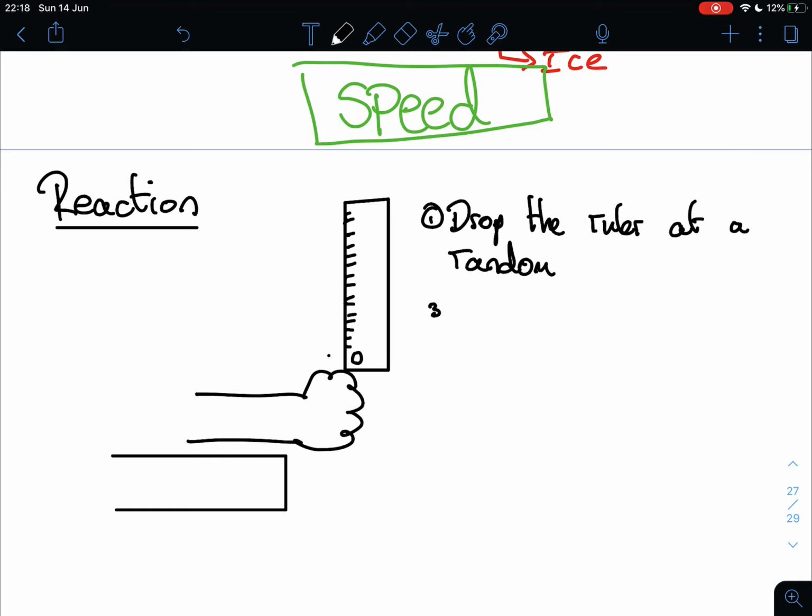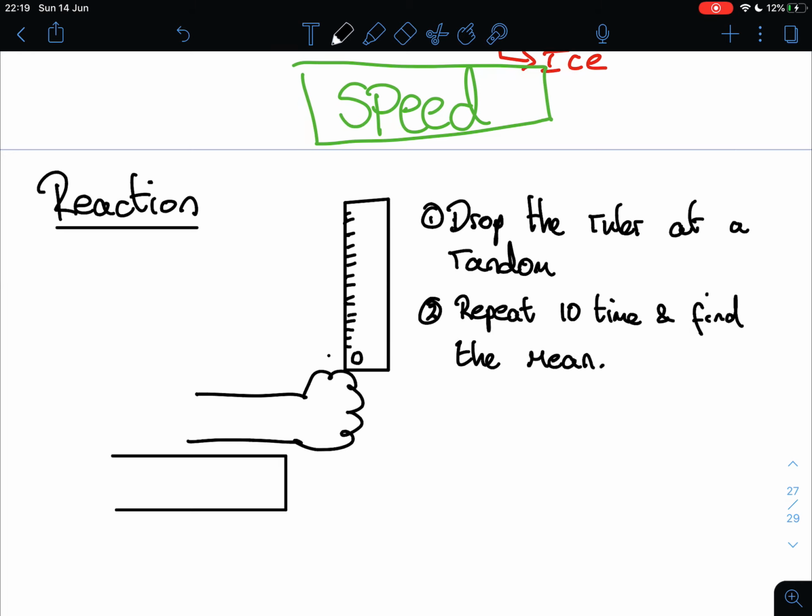This one has got huge amounts of random error. And if you remember, the cure for random error is to repeat multiple times and take the mean. In this case, repeat 10 times because it's quick and easy. 10 times and find the mean.